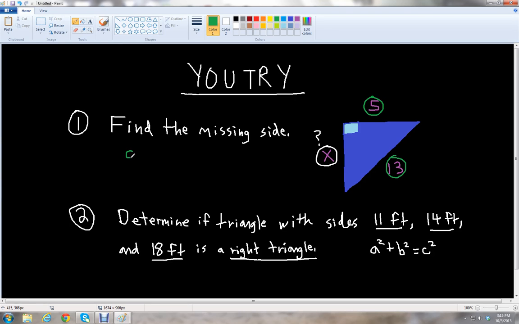So we'll have 5 squared plus our unknown side x squared equals 13 squared. So 5 squared is 5 times 5, which is 25, plus x squared equals 13 squared, which is 13 times 13.